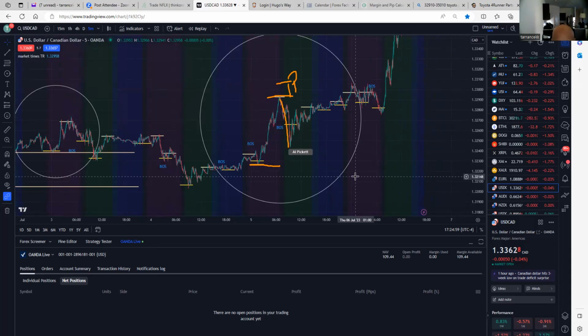We don't want to buy from up here, it's not at a discount. We want to buy from down here. So the confirmation is going to come from here. Stop loss goes under here, and you get to ride this all the way up. And that is right there in the middle too. Like perfect. Yeah.